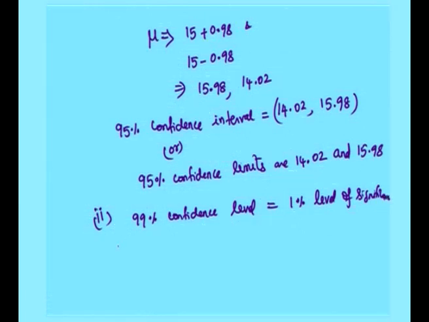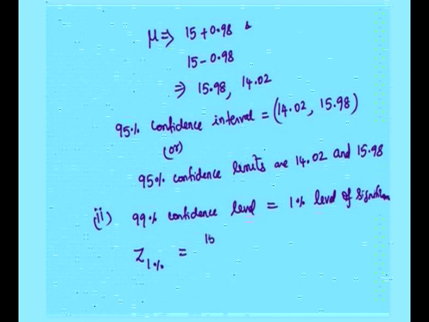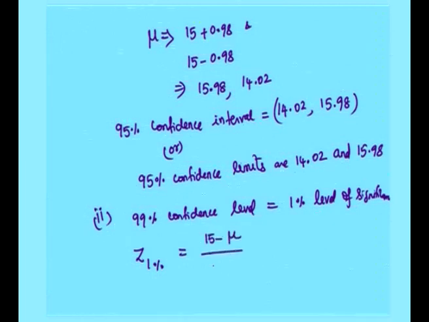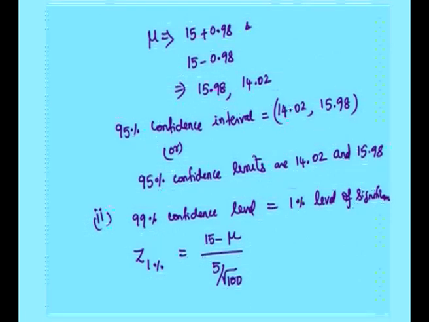Okay. So, accordingly the Z formula will differ. Z at 1% is equal to x bar, which is 15, minus mu divided by 5 divided by root of 100. Everything is the same. Only Z at 1% will differ, and the value is 2.58, equal to plus or minus 15 minus mu divided by 5 by 10, which is 1 by 2 here.